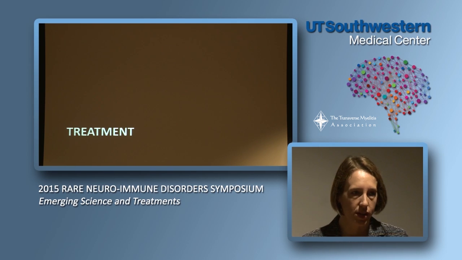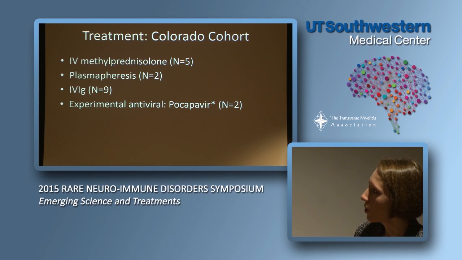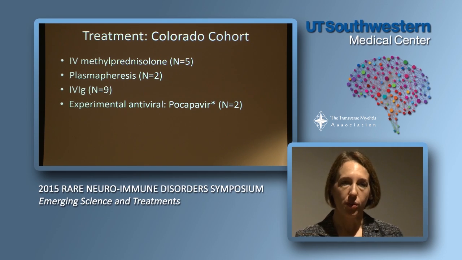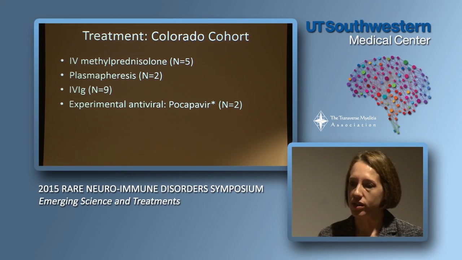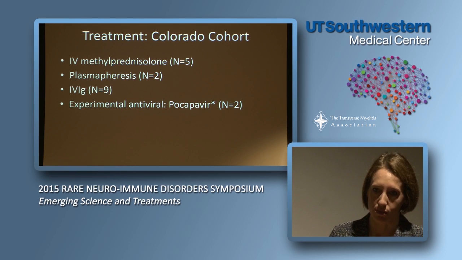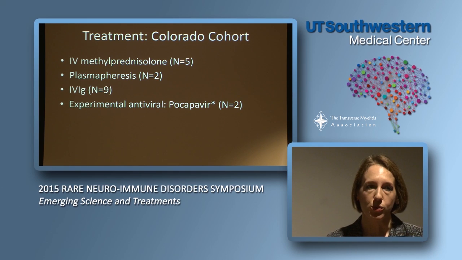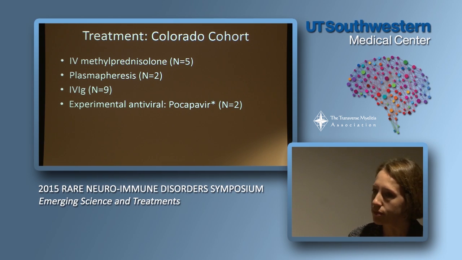So let's talk a little bit about treatment, which was the goal of this presentation. We initially treated our cohort of patients in Colorado with medicines that we often use when we think there is immune dysfunction, when the immune system is overreacting. So we used high-dose steroids. We used plasmapheresis, which is a blood cleaning procedure. Many of you may know these terms.